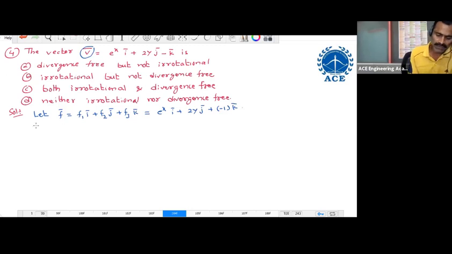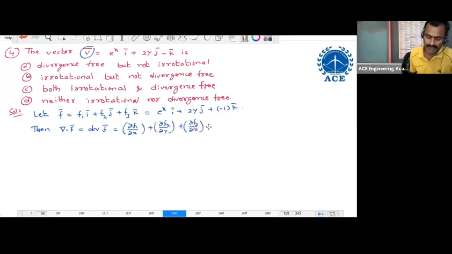Now to find the divergence, we consider the formula: del dot f bar, div f bar, equals ∂f1/∂x plus ∂f2/∂y plus ∂f3/∂z. This is the formula for the divergence of any given vector function.